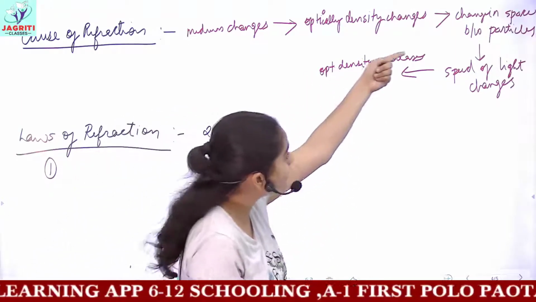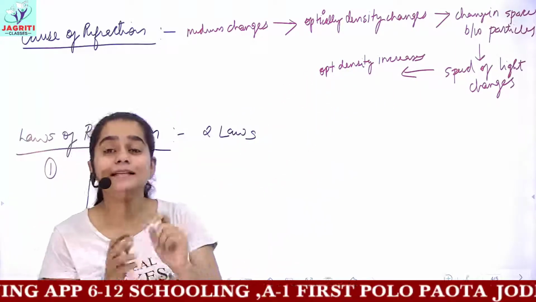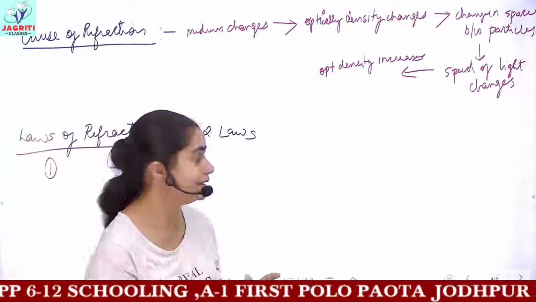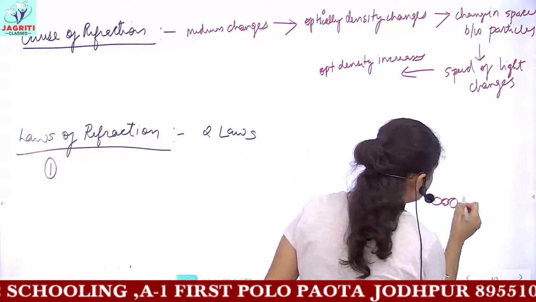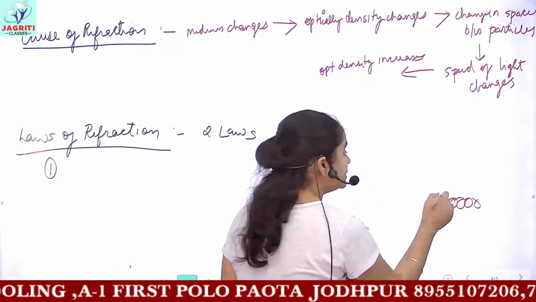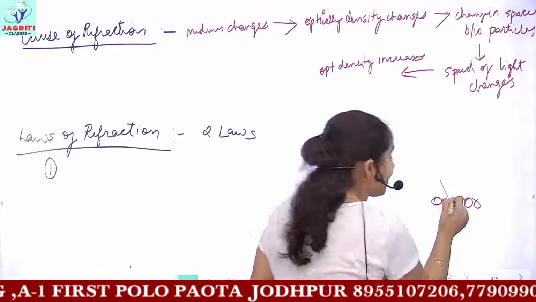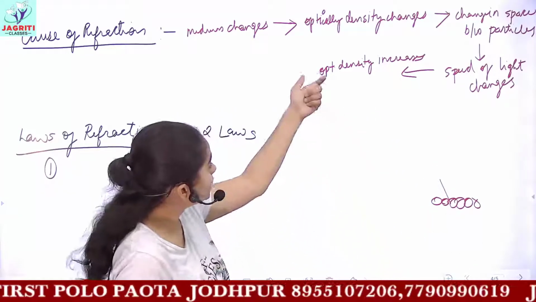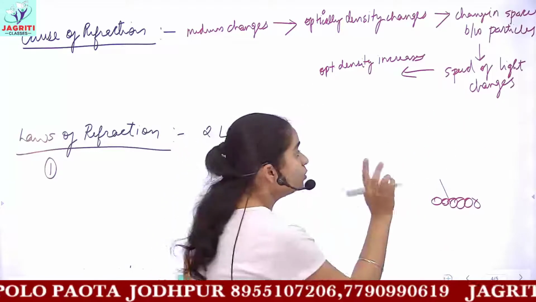So once the optical density increases, it means the speed of light will decrease. Because when the optical density is increasing, it is now difficult for the light ray to travel. Okay? And due to the change in optical density, two phenomena occur.